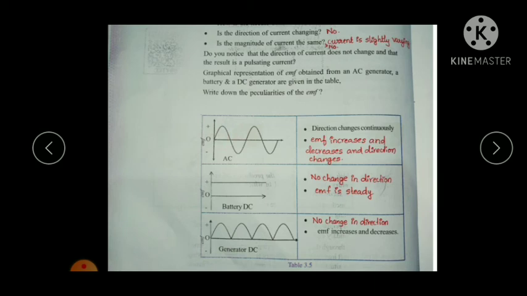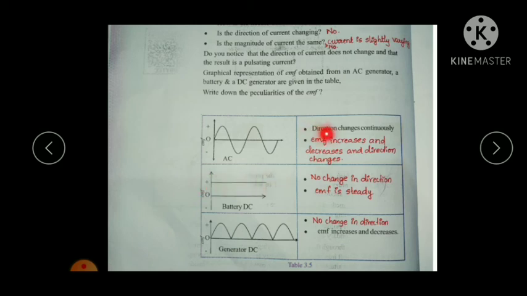And in the case of DC generator, this AC is converted into DC using split ring commutator. So in this case, the current during every half rotation is only in one direction, and the current that we are obtaining from a battery is a straight line. That is, we will get a constant EMF.